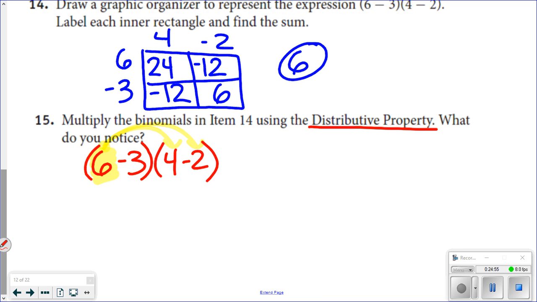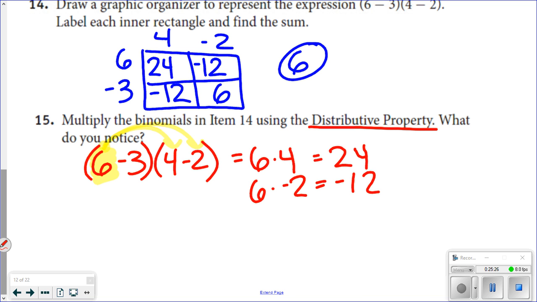So what this would look like is 6 times 4, what do we get? Six times negative 2. Oops. 6 times negative 2 is negative 12. So there's our first two numbers. 24 minus 12 is 12. Okay.